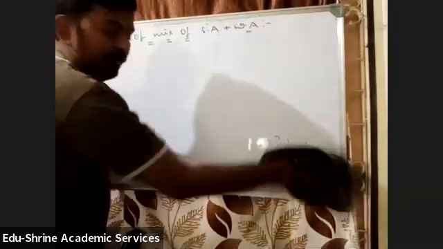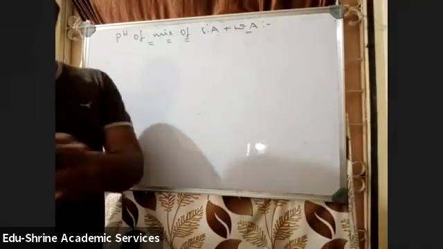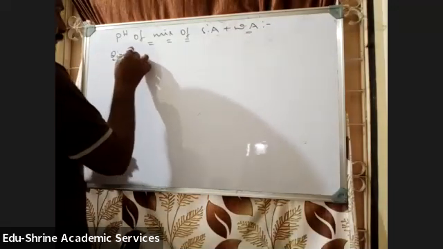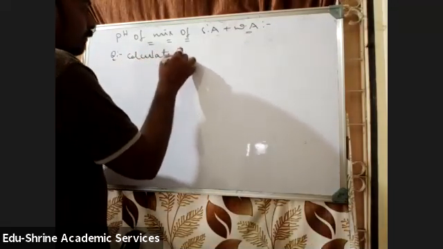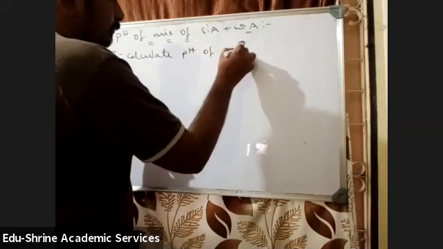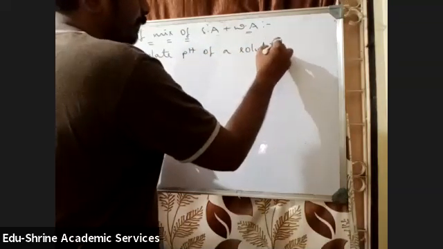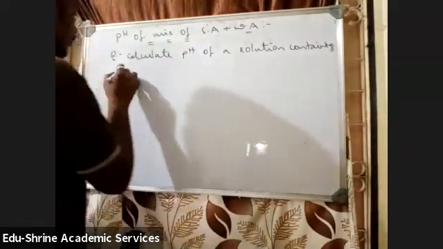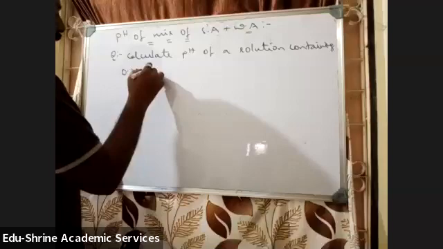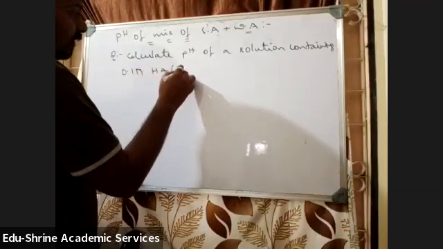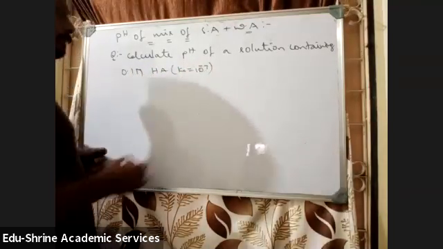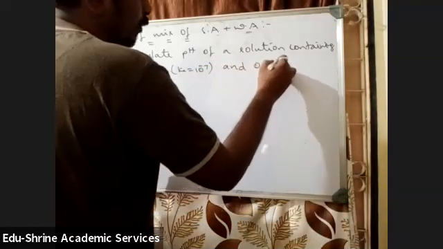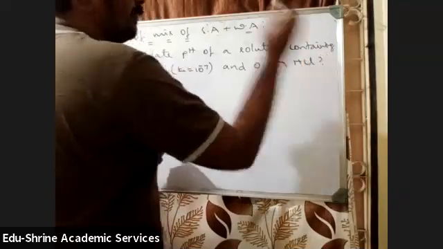Okay, so I'll give you one question. Calculate the pH of a solution containing 0.1 molar HA whose Ka value is 10 power minus 7 and 0.2 molar HCl.